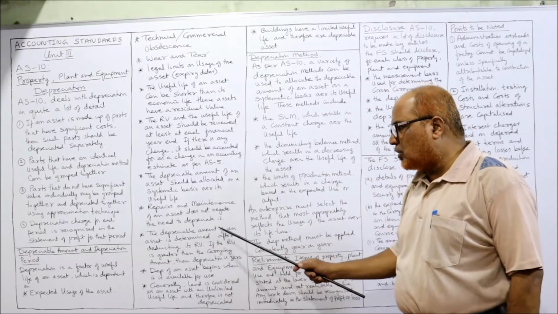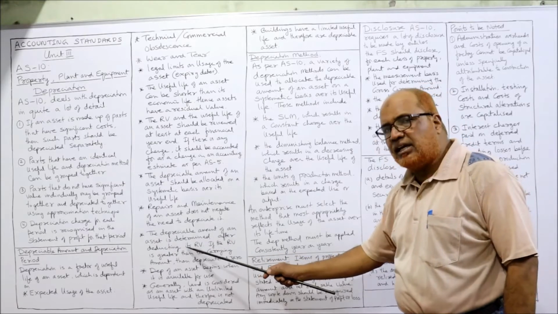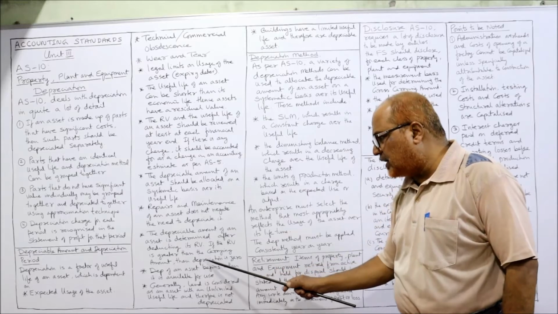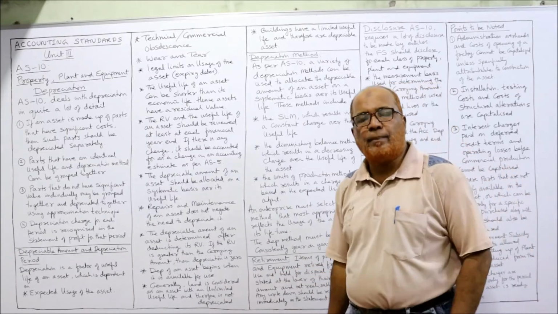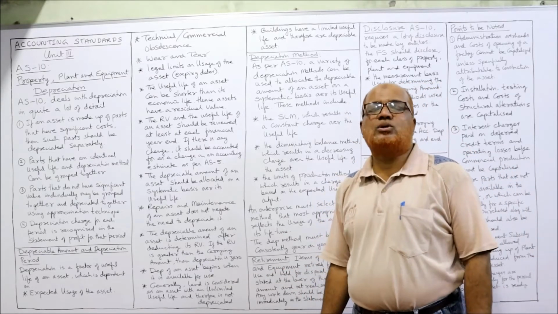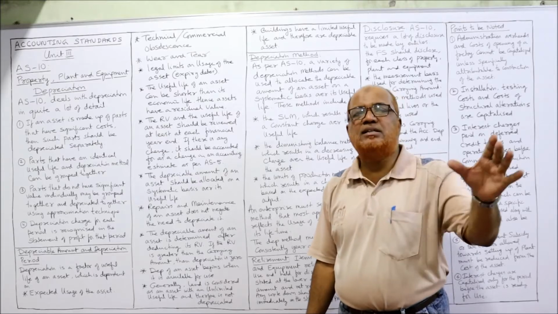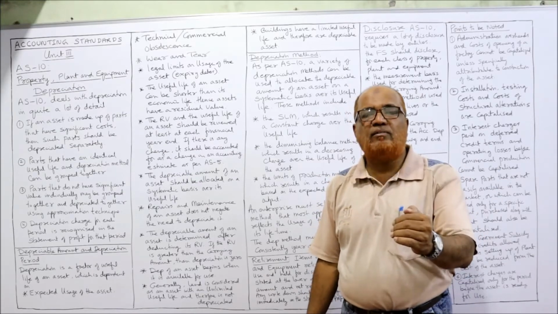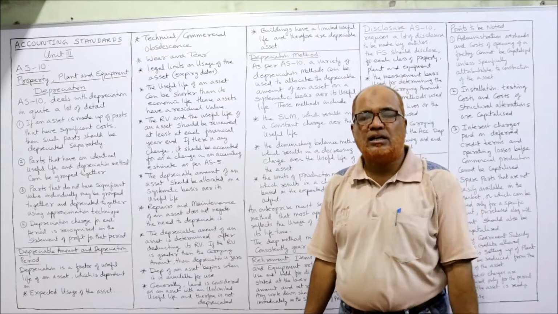The depreciable amount of an asset is determined after deducting its residual value. If the residual value is greater than the carrying amount, then depreciation is 0. Remember, to calculate the depreciable amount, we deduct the residual value. Only after deducting the residual value, we have to calculate and charge the depreciation.